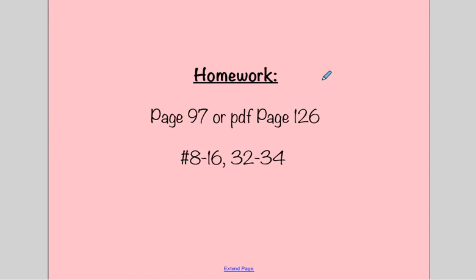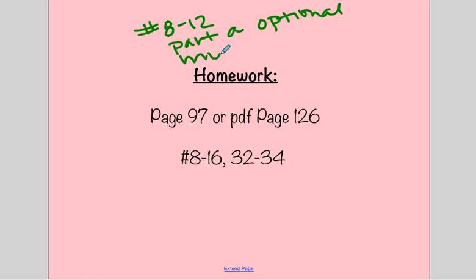So maybe I'll make a note. Numbers 8 through 12, part A optional. Must do parts B and C. Okay, so that's 8 through 12.